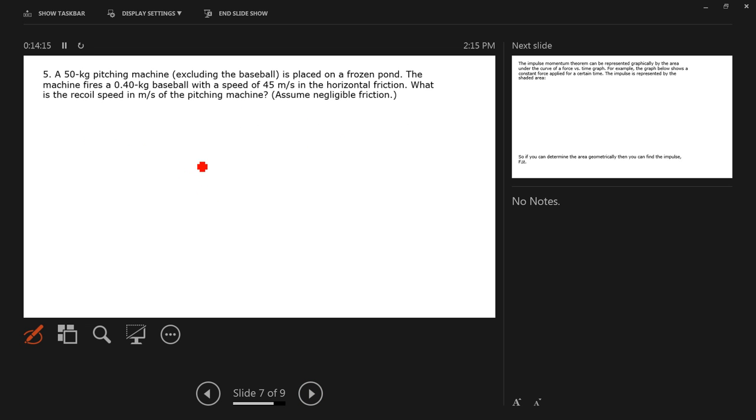Here's an example, page number 5. Example where we have a pitching machine. So if we represent our pitching machine here, and it's got our ball inside here, right? A little ball and a big machine. Oops. It's not supposed to be a W, it's supposed to be an M. Okay. Now, why is this inelastic?